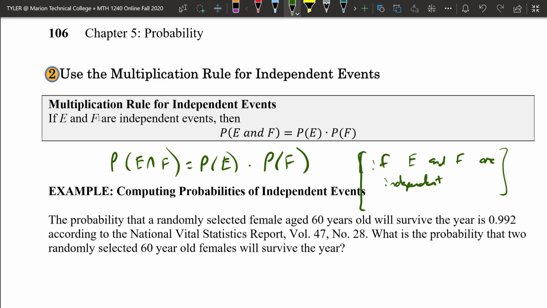So in other words, knowing one of the events doesn't influence the other event.